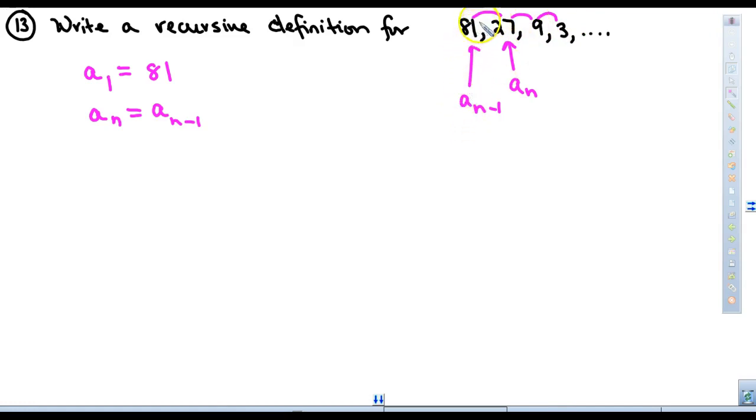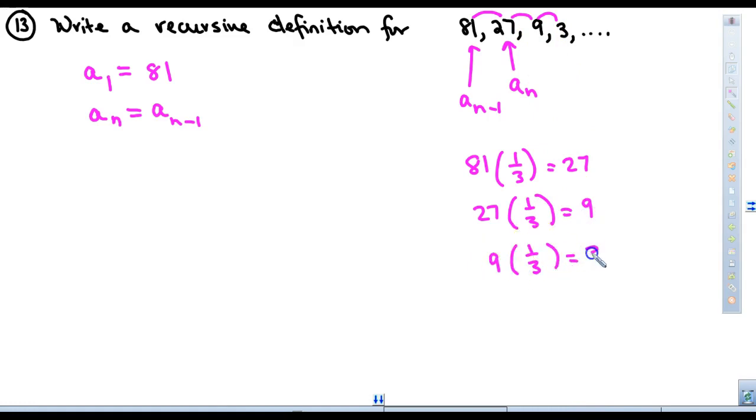So what I'm doing is I'm multiplying this term, 81, by 1/3, and that gives me 27. And then if I take 27 and multiply it by 1/3, that's going to give me 9. And if I take 9 and multiply it by 1/3, that's going to give me 3.